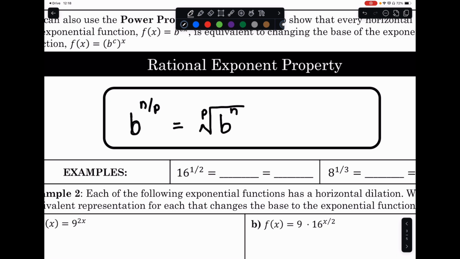This is referred to as the rational exponent property, where p is not going to equal 0, and it has to be greater than or equal to 2. It cannot be less than 2.